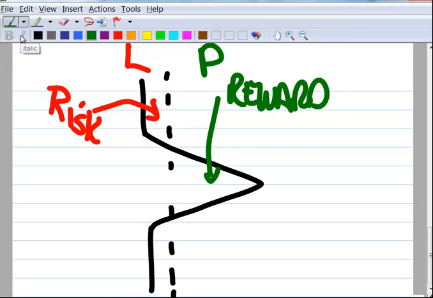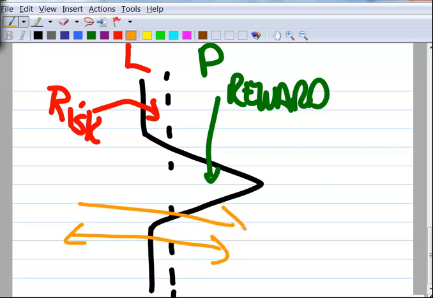Usually I'm close to where the stock is trading, very close, somewhere here or perhaps closer in here.